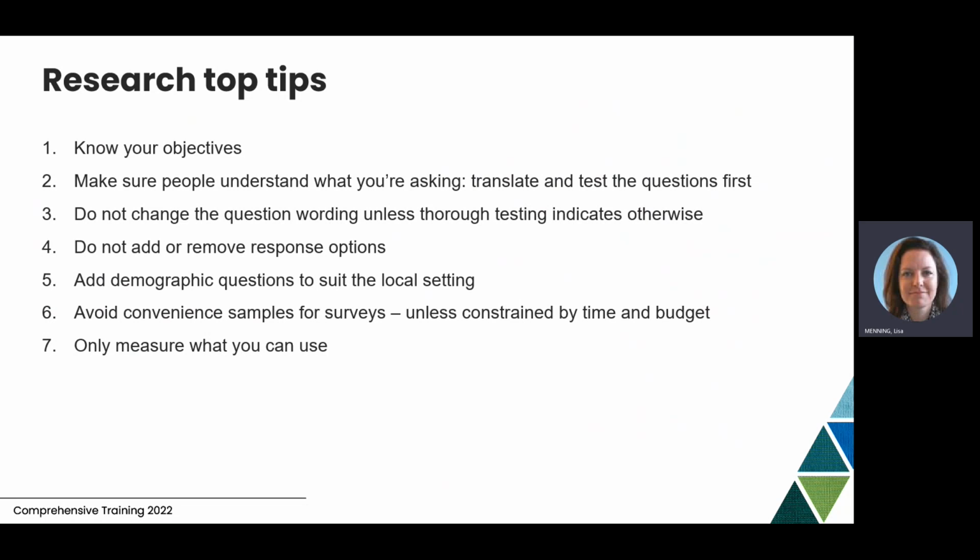It's important to think about the demographic questions for the local setting, maybe thinking about the education level, the literacy, and also some of the socioeconomic considerations for the participants. We also need to know that we should avoid convenience samples.